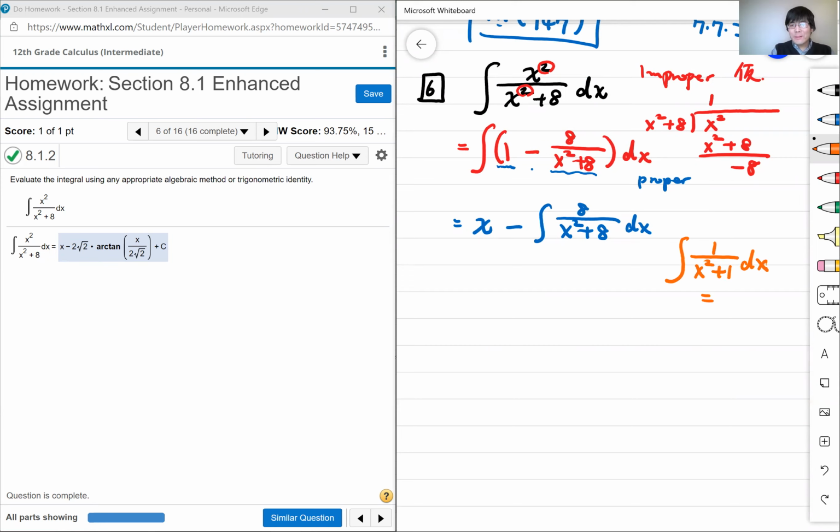The integral of this one will be arctangent of x. Okay, so this is one of the formulas that we have to master in this section. And this is very similar. The only difference is it is 8 here instead of 1 here.